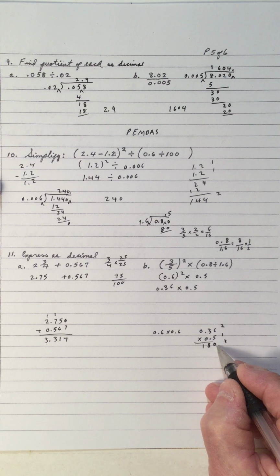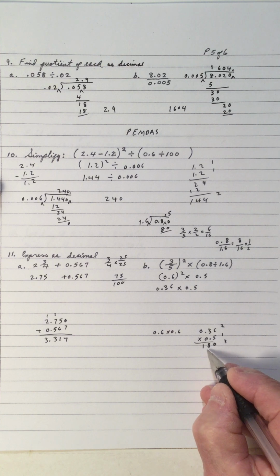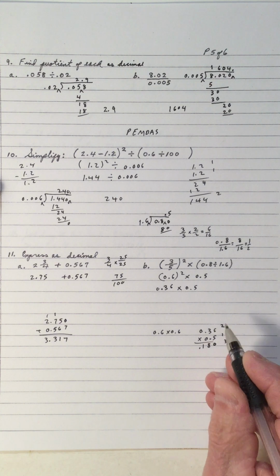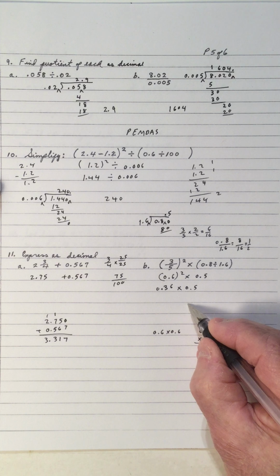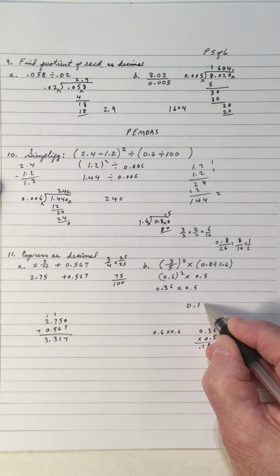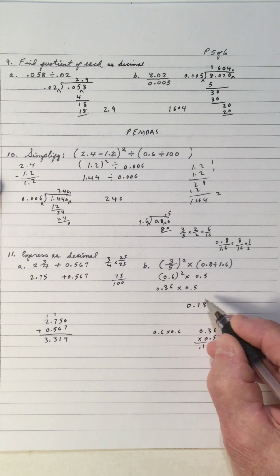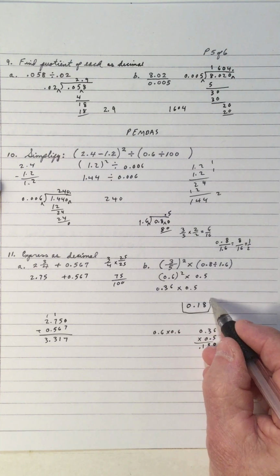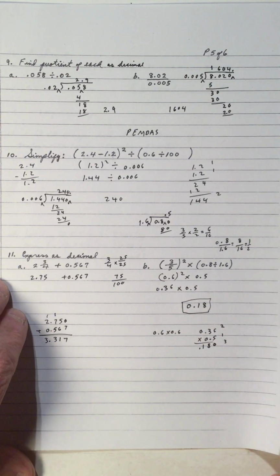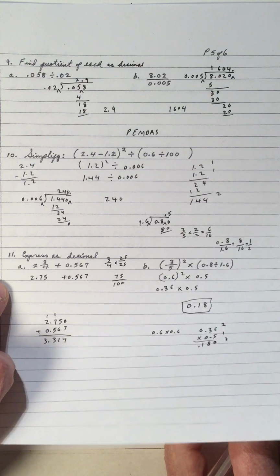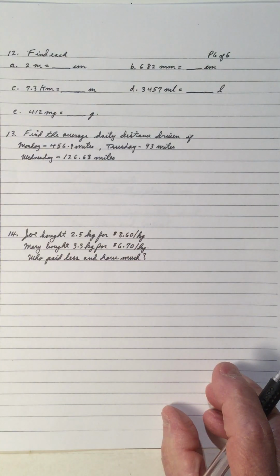So right here is your decimal. Move it 1, 2, 3. So the answer is 0.18. The final answer. Again, I like to keep repeating PEMDAS, order of operations, extremely important.